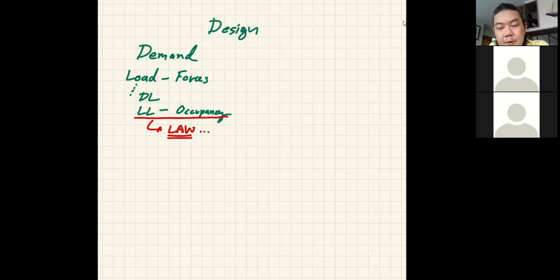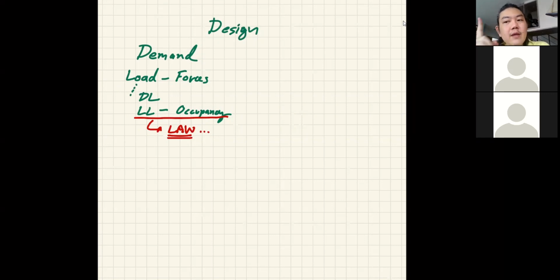For example, if you are going to design the school, you must check how much the law says that the live load would be for the structure of the school. The structure must be able to carry at least that much load. However, keep in mind that when the law says a number, you need to make sure that your structure must survive that.